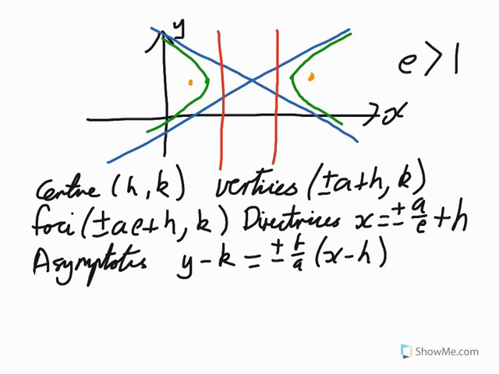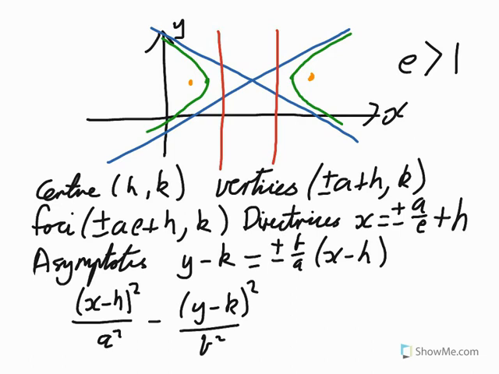Eccentricity, of course, greater than 1. And the equation is x minus h squared over a squared minus y minus k squared over b squared equaling 1. And of course b squared equals a squared times e squared minus 1. Alright, so same sort of translations that we've been looking at for all the other things. Alright, so we'll now have a look at an example.